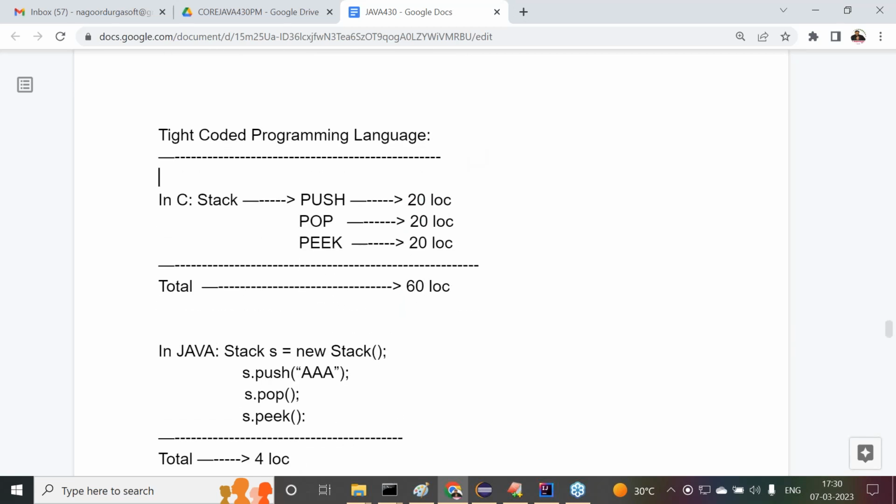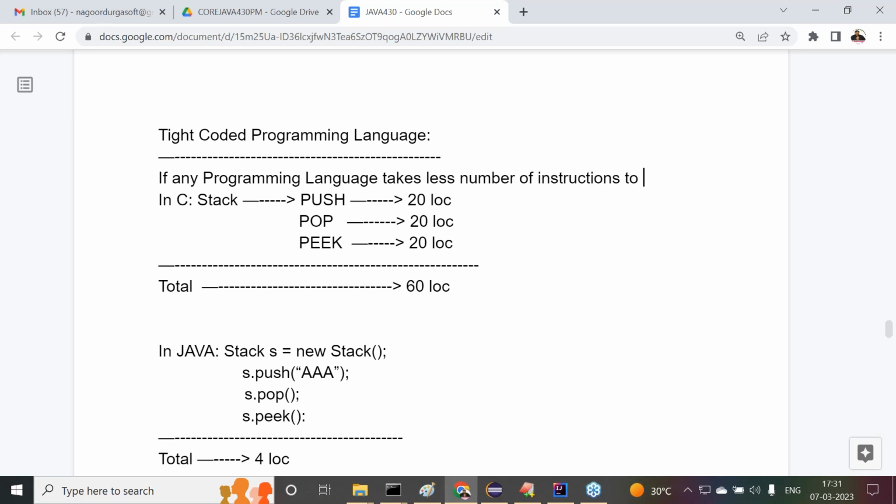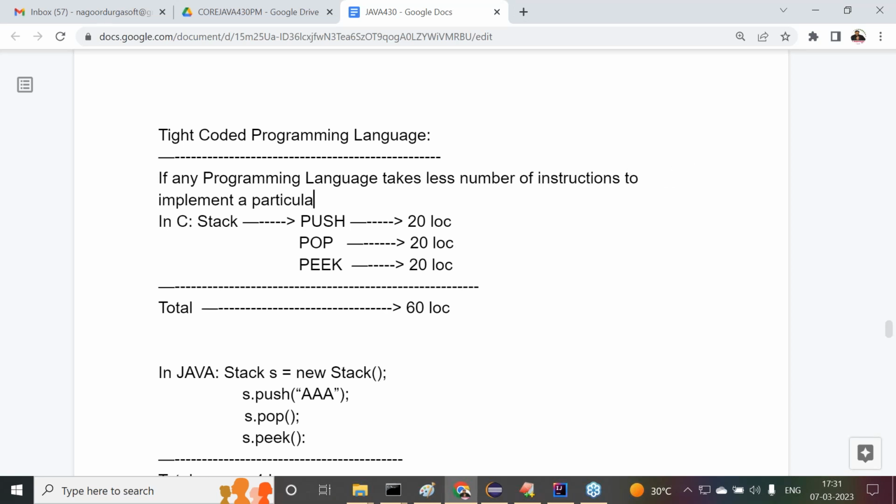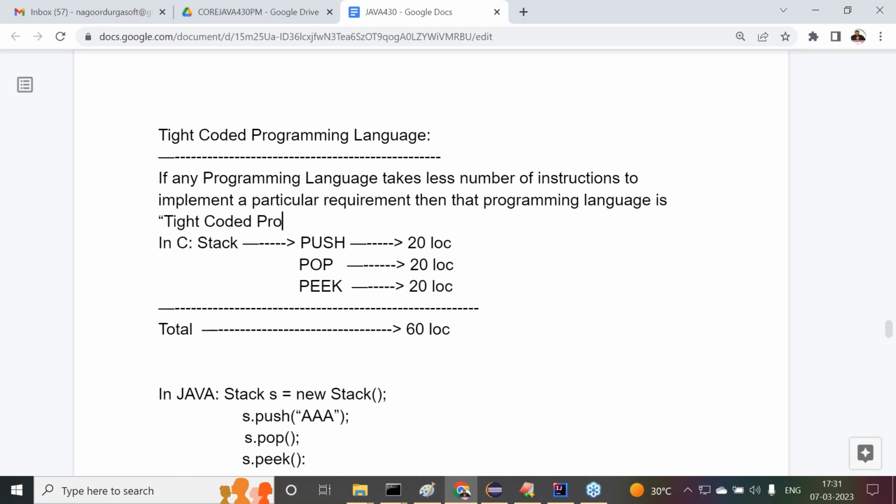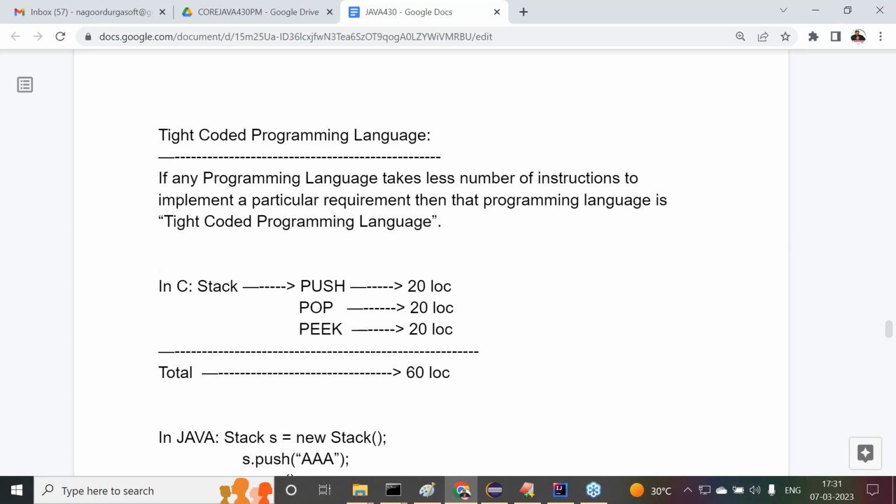If any programming language takes fewer instructions to implement a particular requirement, then that programming language is a tight coded programming language.